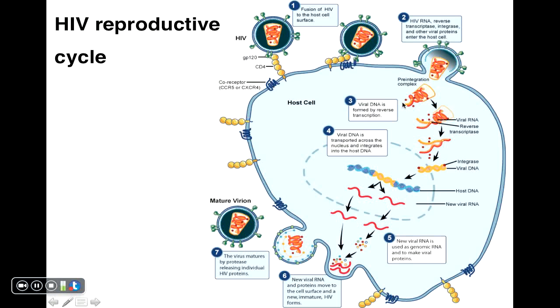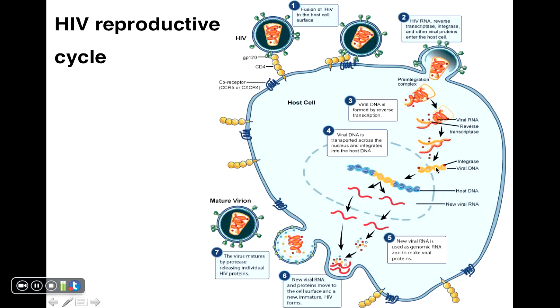So once the genome, the RNA, is liberated into the host cell, reverse transcriptase then takes the viral RNA, reads that, and produces a corresponding piece of DNA. So the DNA that's being produced is shown in yellow. Ultimately, we end up with a piece of DNA, double-stranded, that represents all of the viral genes.